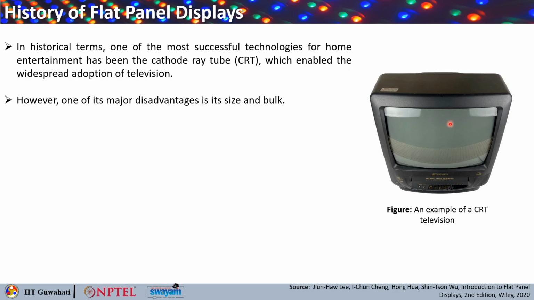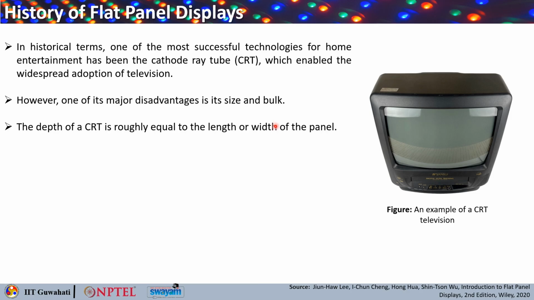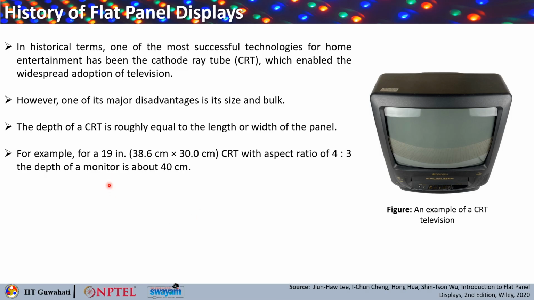Now the only disadvantage, or I should say the major disadvantage, this display had was its size, because it's very bulky. Usually the depth of a CRT is roughly equal to the length or width of the panel. Take an example of a 19-inch CRT, which has an aspect ratio of 4:3.